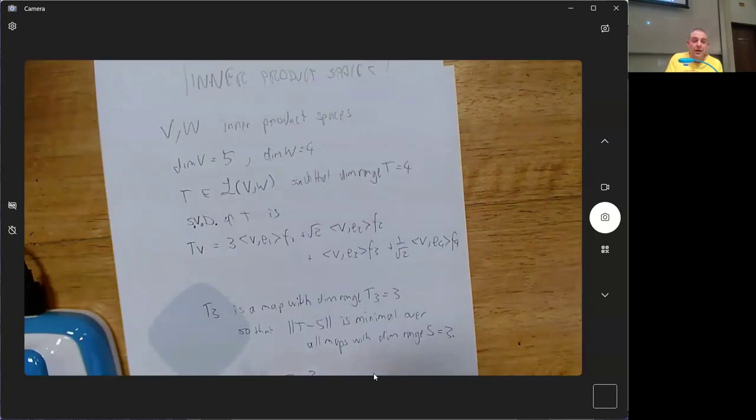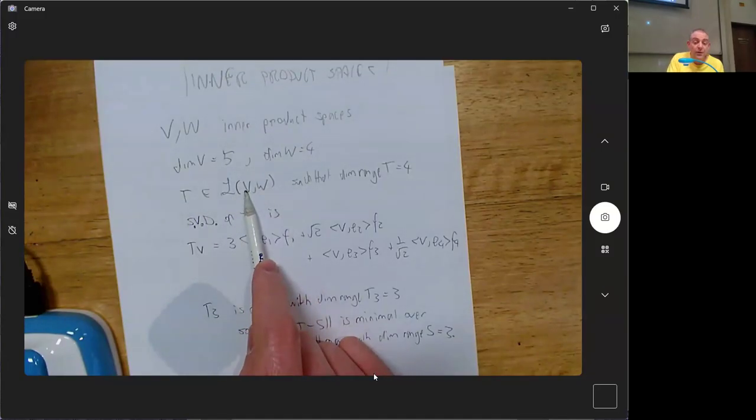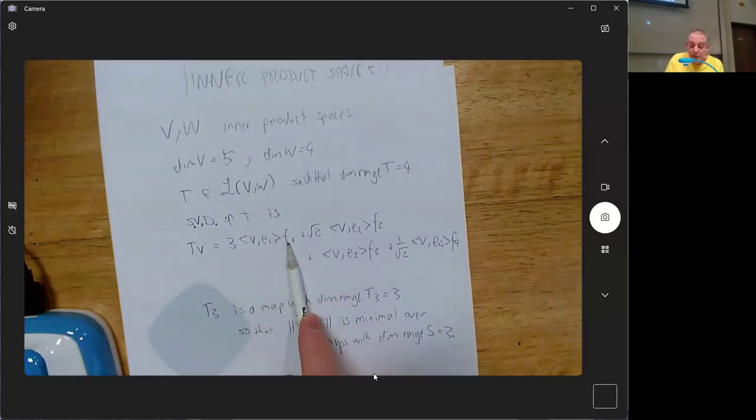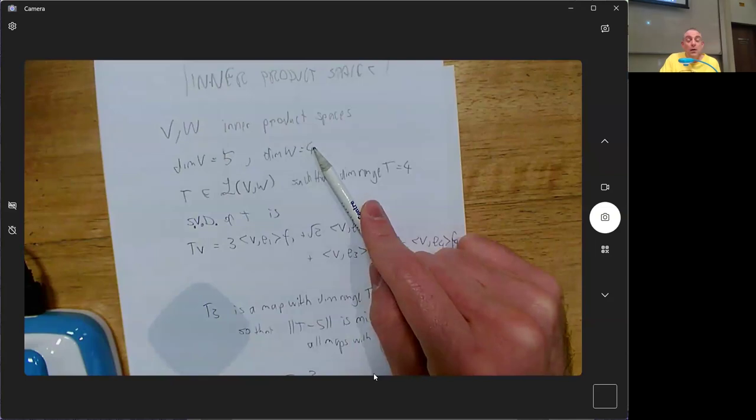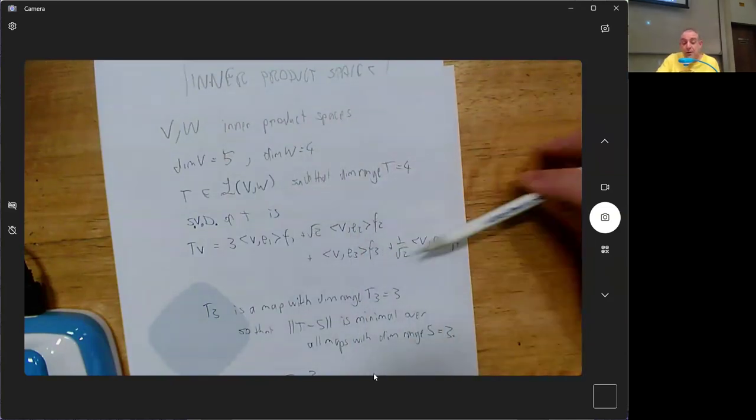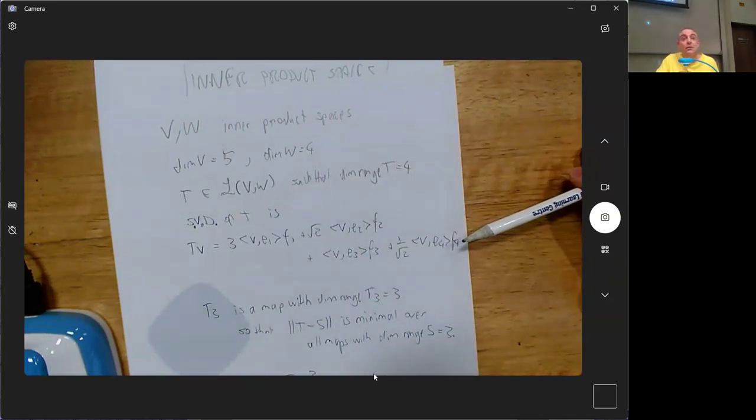And so these F's have to be vectors in W, because T of V is in W, because T is in the linear transformations that go from V to W. So these vectors F must be in W. W has dimension 4, so I believe they're a basis for W, is my guess.